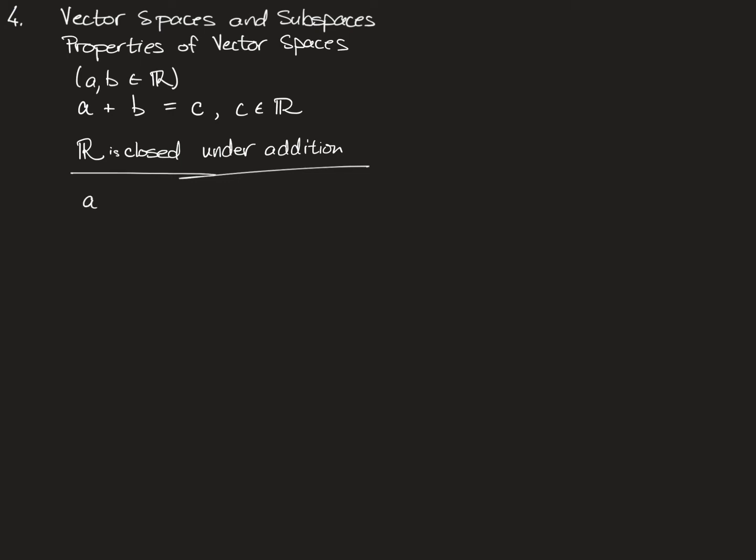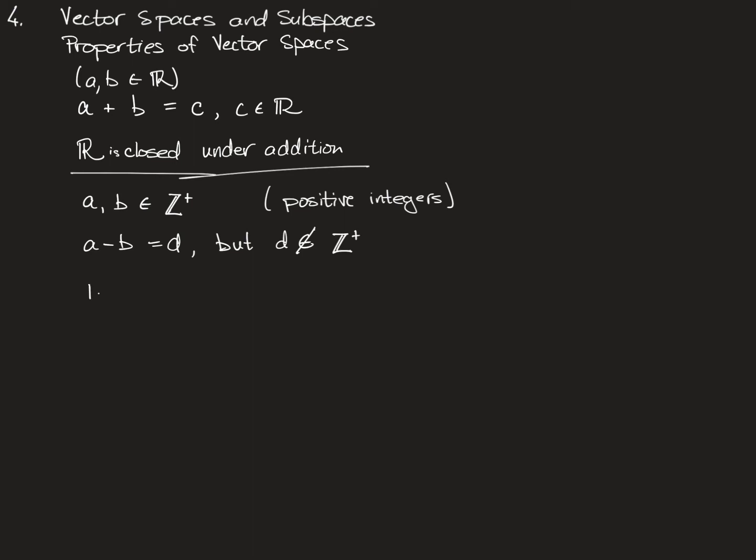I'm going to start this one over. I'm going to say that A and B are in the set Z plus, and what that means is positive integers. Okay, then I can say that A minus B equals D, but D is not necessarily going to be a positive integer. I can give you a counterexample.